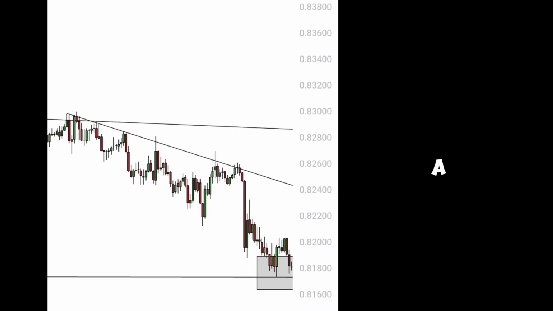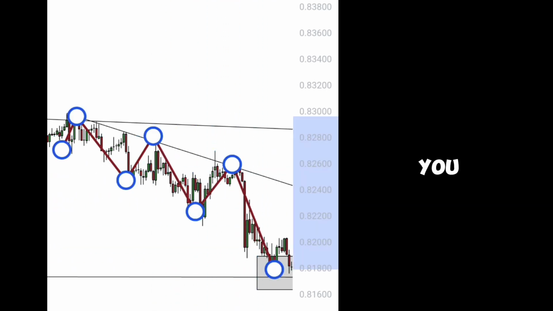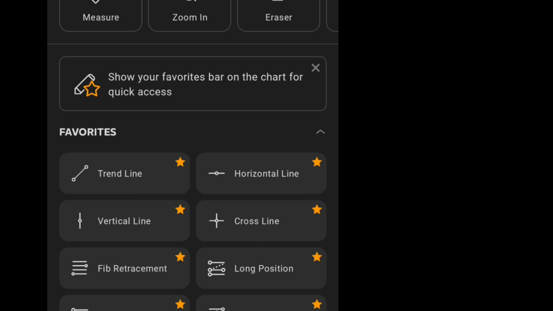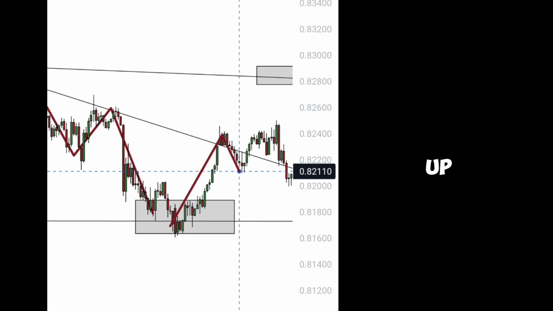We pushed up, came down, pushed up, came down, pushed up, came down. You see that push, and then we bounced up here. Okay, came down, pushed up, came down.